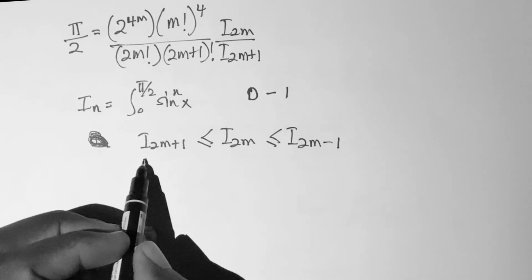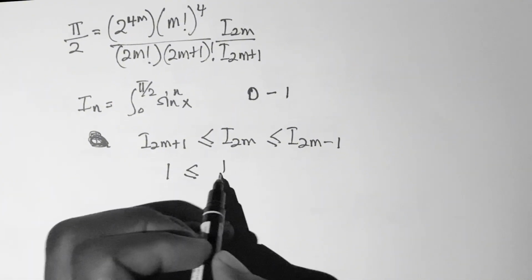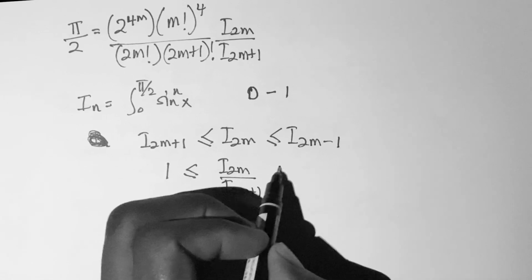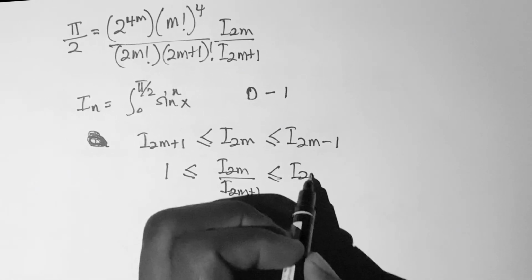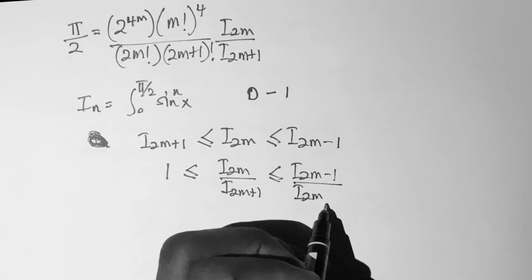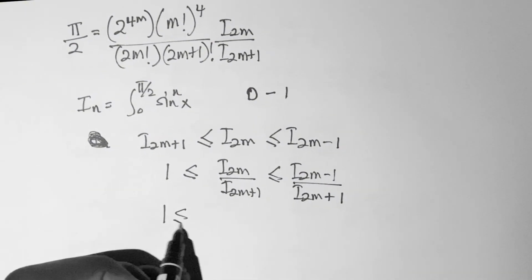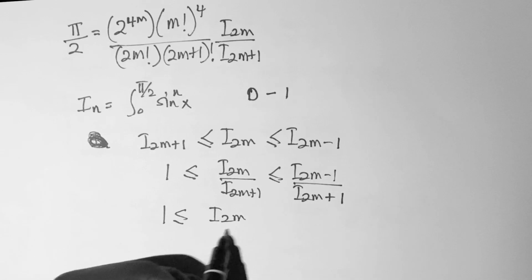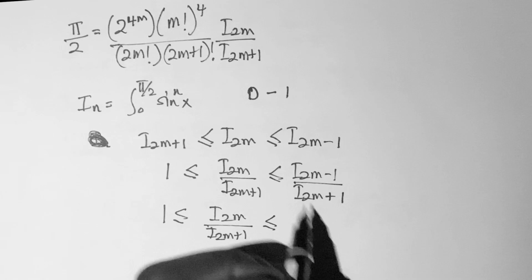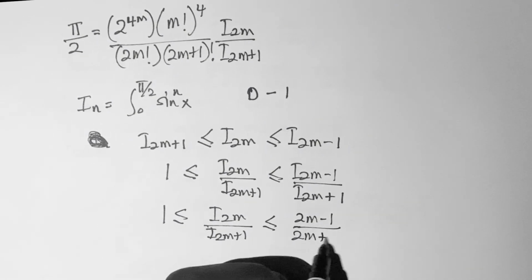Now, let's divide through. If we divide through by I of 2m plus 1, then here becomes 1 less than or equal to I of 2m divided by I of 2m plus 1, which is less than or equal to I of 2m minus 1 divided by I of 2m plus 1. So now, 1 is less than or equal to I of 2m divided by I of 2m plus 1, less than or equal to, this is the same as 2m minus 1 divided by 2m plus 1.